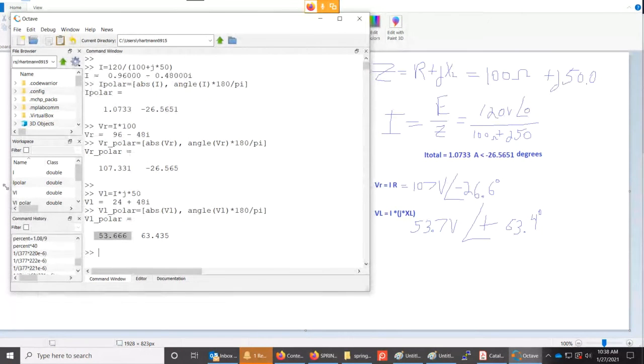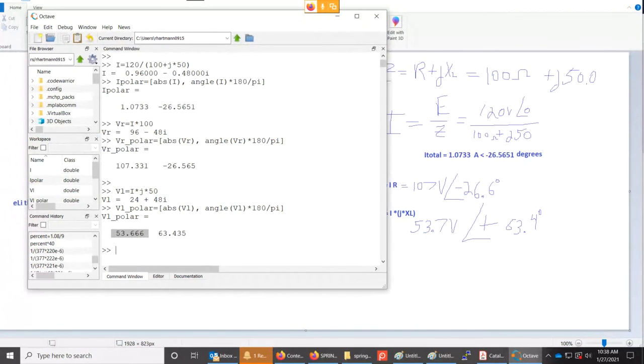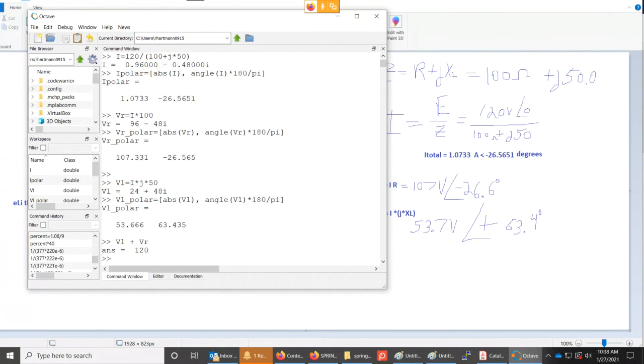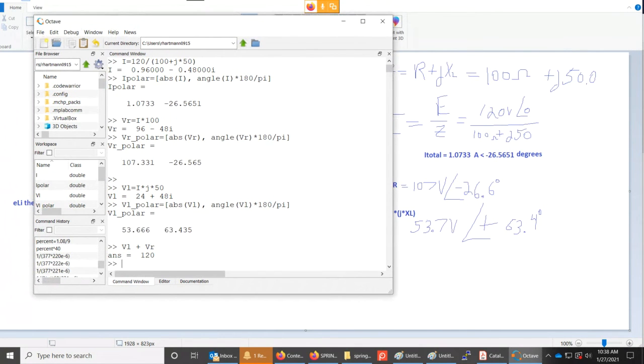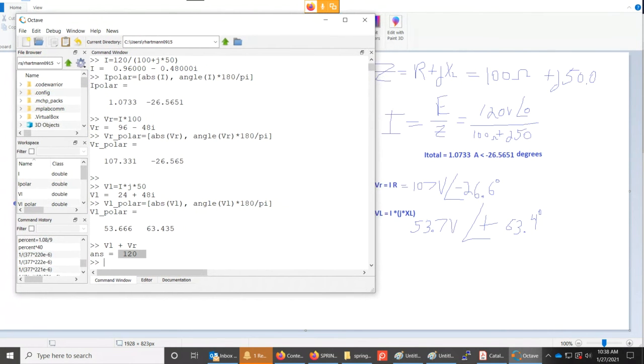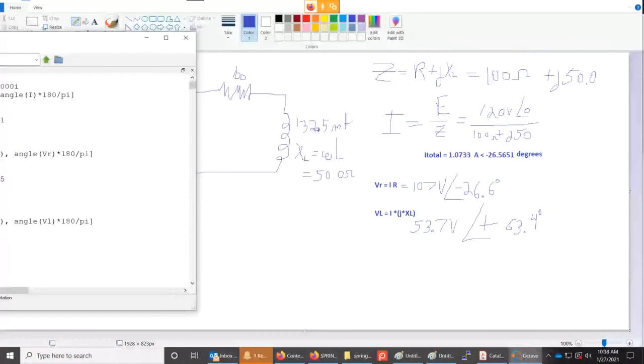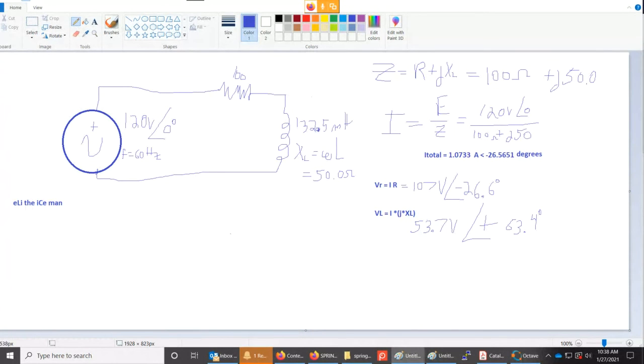All right, so then we can calculate our E. If we do VL plus VR, we should get back to E of 120 at an angle of 0. So we get back to that. Let me draw that.